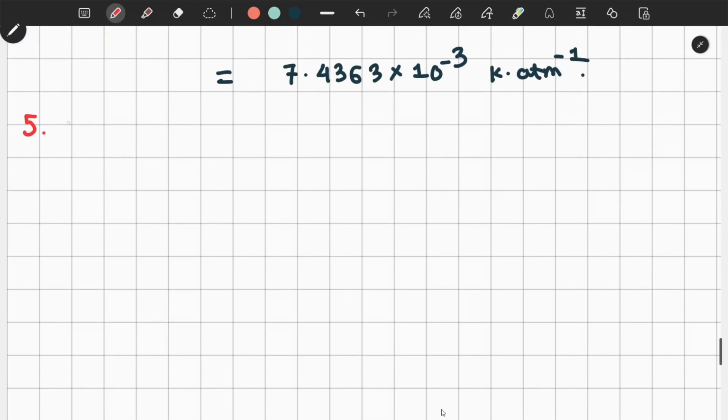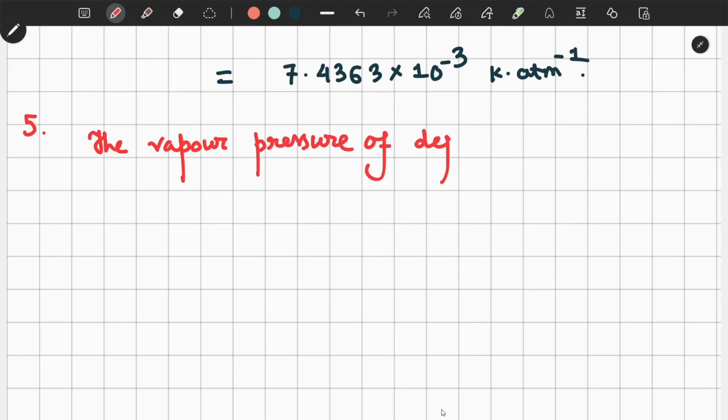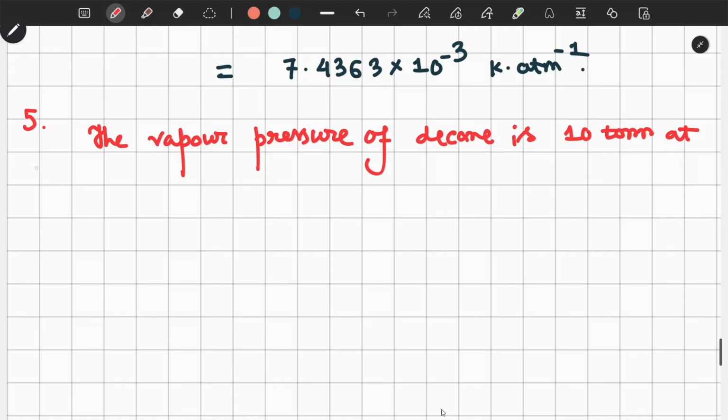This is also related to this equation. The vapor pressure of decane is 10 torr at 55.7 degrees centigrade and 400 torr at this.